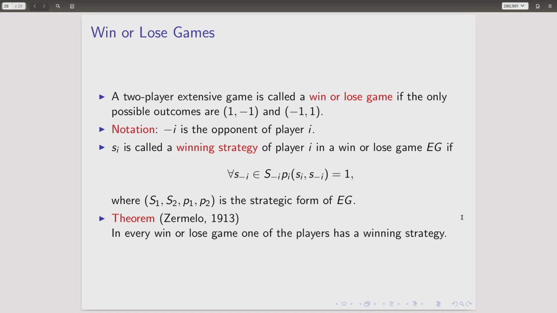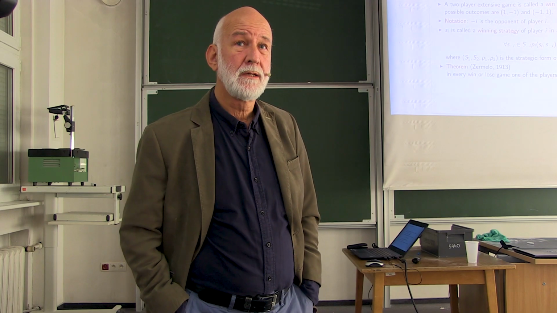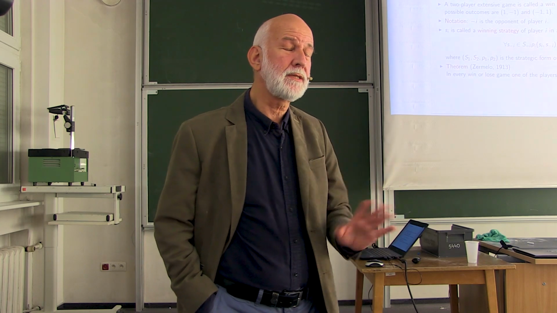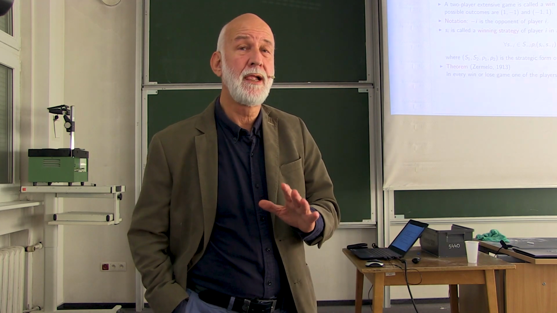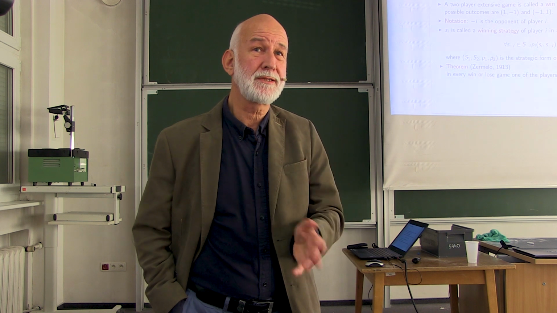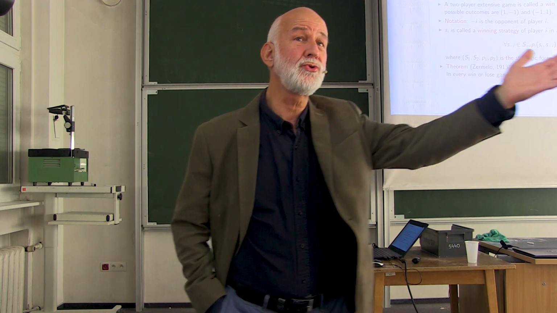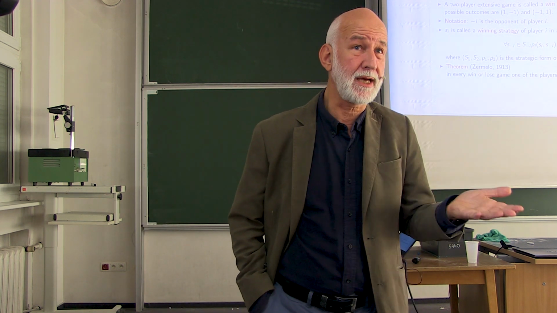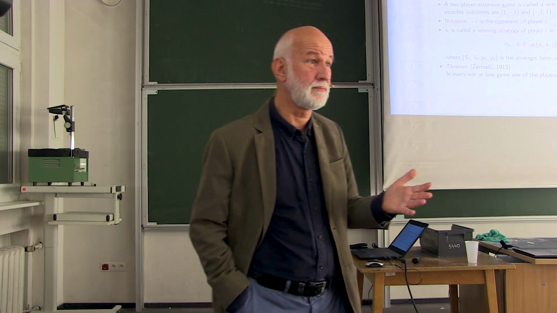And there is a theorem, in the meantime 105 years old, which says that in every win or lose game, there is a player who has a winning strategy. Let's say, forget that there is a draw in chess; suppose that in case of a draw, you say that the winner is black, the one who played with black.